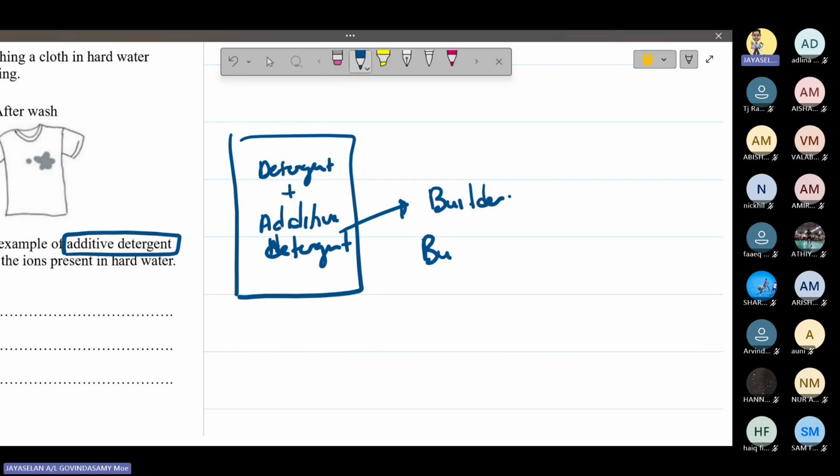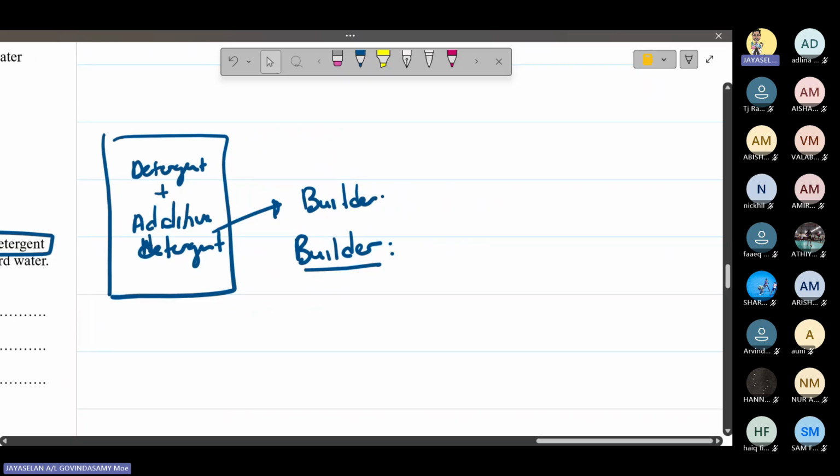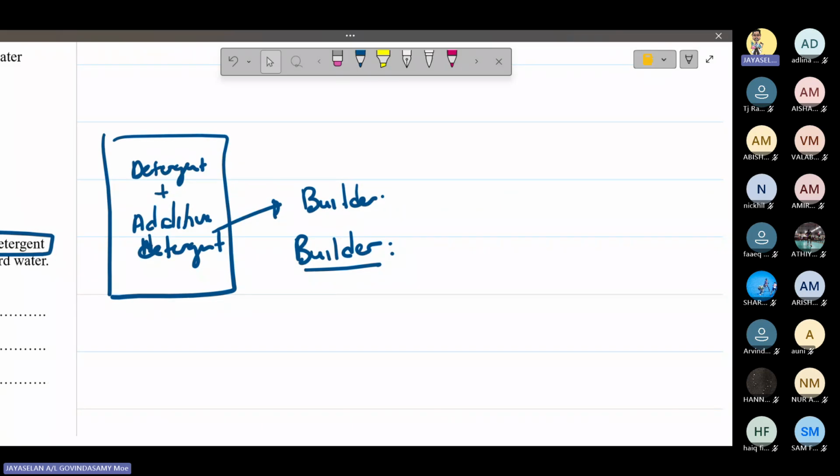So I write again, one of the additive detergent is known as builder. Kena hafal kita ada builder, kita ada biological enzyme, drying agent, okay, a whitening agent, fragrance, all that. Under that, please memorize builder. Example of builder, sodium tripolyphosphate. Kena hafal dia punya example.